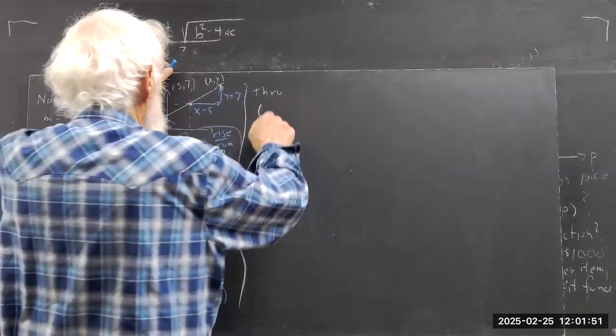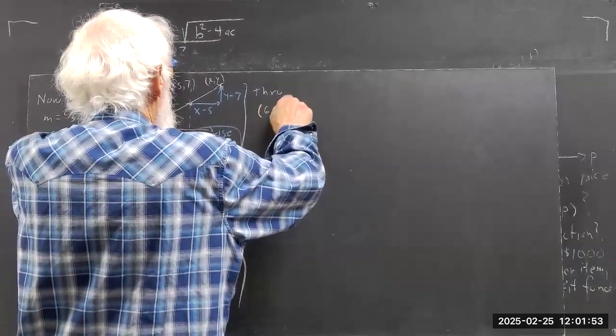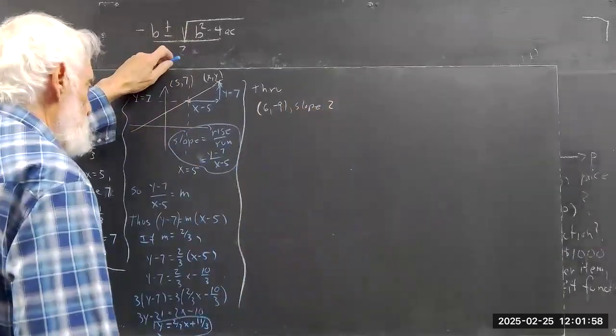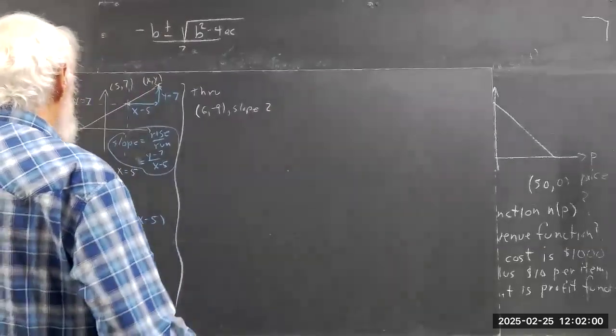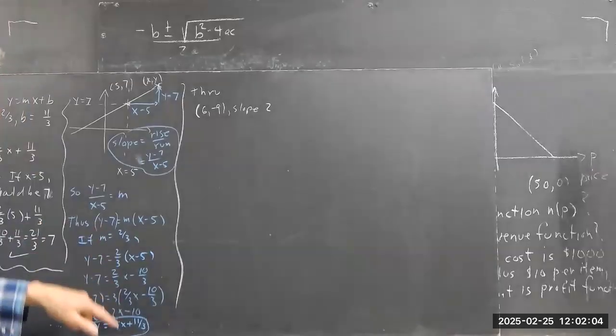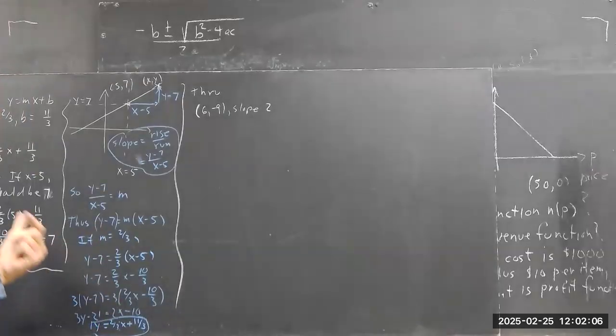And through the point 6, -9, slope of 2. Okay. I'll use this method, but next time I might use the other method.